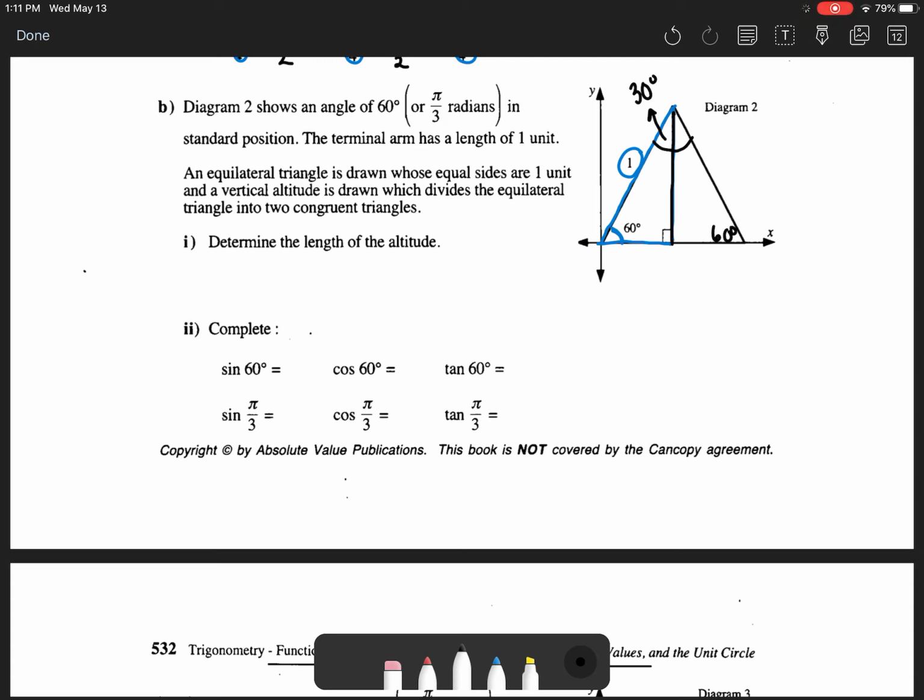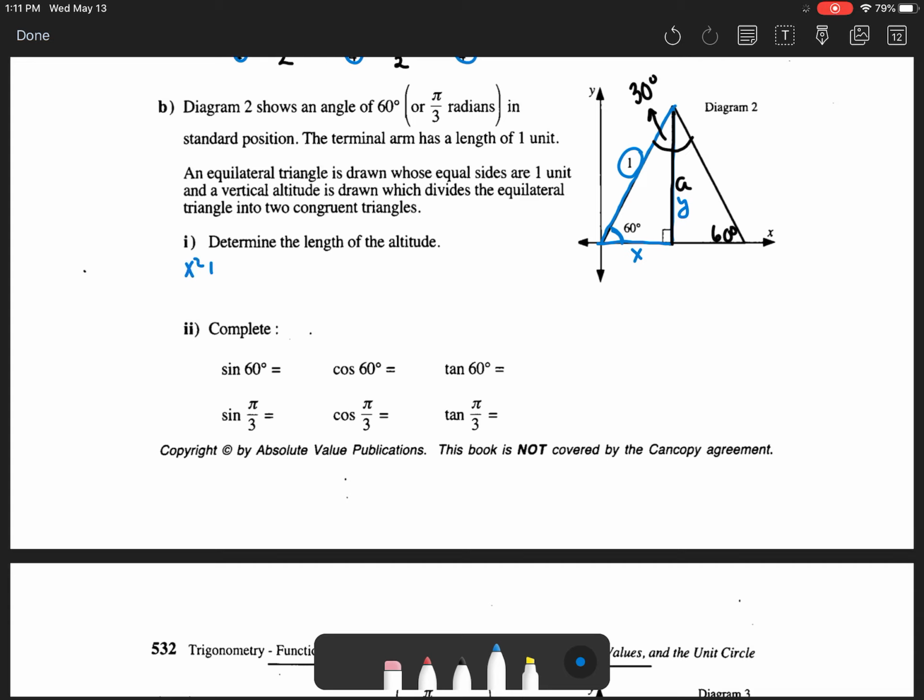It says determine the length of the altitude. So the altitude is this A, the line that I dropped down from the top angle or vertex down to the x-axis, the positive x-axis. So I want to know what that is. So I'm going to use that blue triangle and use Pythagorean theorem again. So remember, this is the x dimension of that triangle. The A value is really the y, okay?